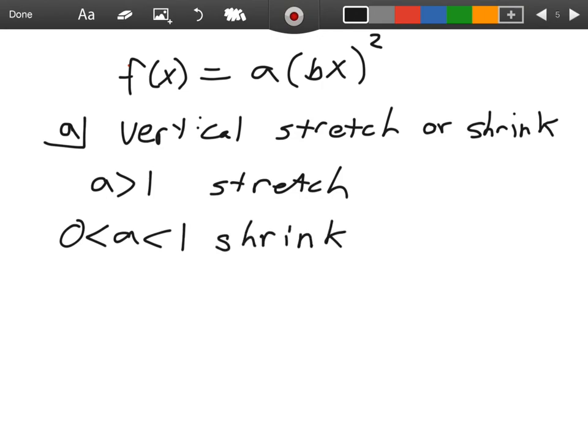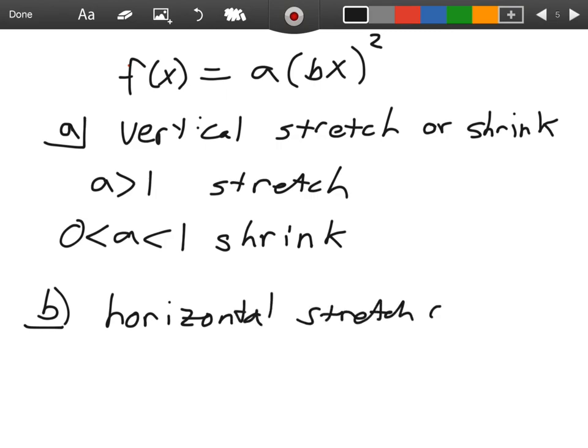Okay, now the B is a little different. It's a horizontal stretch or shrink. But the thing is on the horizontal, a stretch in the horizontal direction is the same thing as a shrink in the vertical direction, and vice versa.